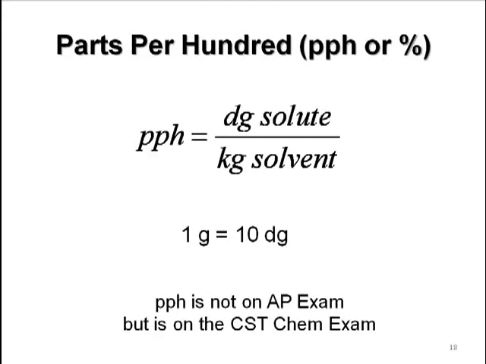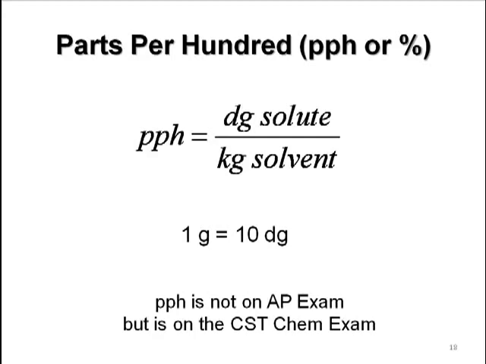So if you got 1 gram, that's 10 decigrams. 1 gram is 0.001 kilograms. 10 divided by 0.001, is that right? Oh, I'm sorry, 0.01. Yeah, I would agree with you. I'd have to look at this.